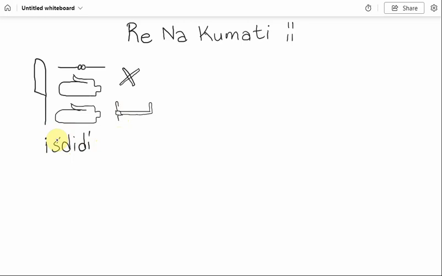Right? You may write it appropriately because when you have an is, then you have this to indicate that there's a vowel missing. Isdidi. All right.